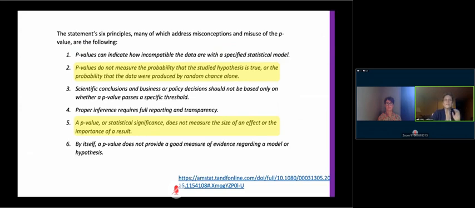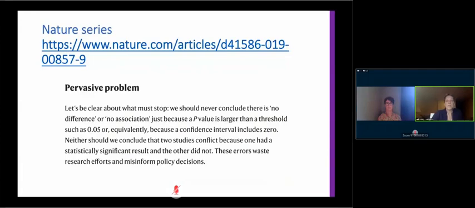And just to make this even more clear, also published in the Nature series, is that there is a problem and that they're seeing that people are interpreting non-statistically significant effects incorrectly. And then it's saying, let's be clear about what must stop. We should never conclude that there is no difference or no association just because the p-value is larger than a threshold such as 0.05, or because the confidence interval includes 0.